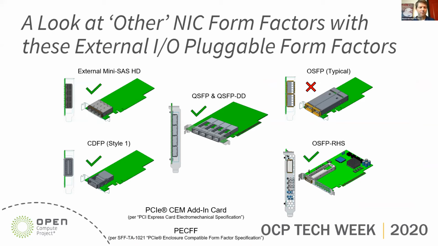Whether it's an external mini SAS HD or CDFP, this is how they fit on PCIe add-in card form factors or PEC-FF. And QSFP double density and the OSFP riding heatsink also fit on these form factors, where an OSFP typical is still a little too tall to fit within the faceplate constraints of that form factor as it's defined today.